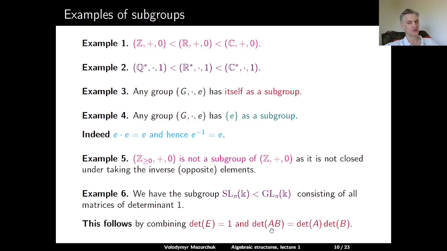So if you have two matrices which have determinant 1, their product has determinant 1, and also if you have a matrix with determinant 1, the inverse of this matrix has determinant 1. So the special linear group SL_n(K), the group of all matrices with determinant 1, is a subgroup of GL_n(K).